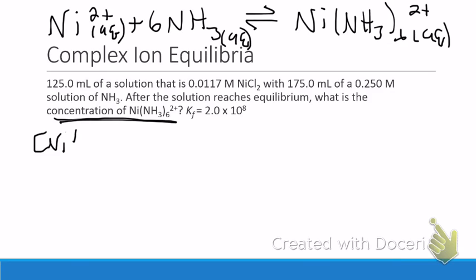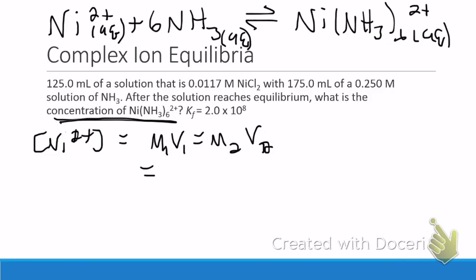So we'll start by looking at the concentration of nickel 2 plus. And again, the dilution equation we used for concentrations before and after dilution would be M1V1 equals M2V2. So that's the concentration initially times the initial volume is equal to the final concentration times the final volume.